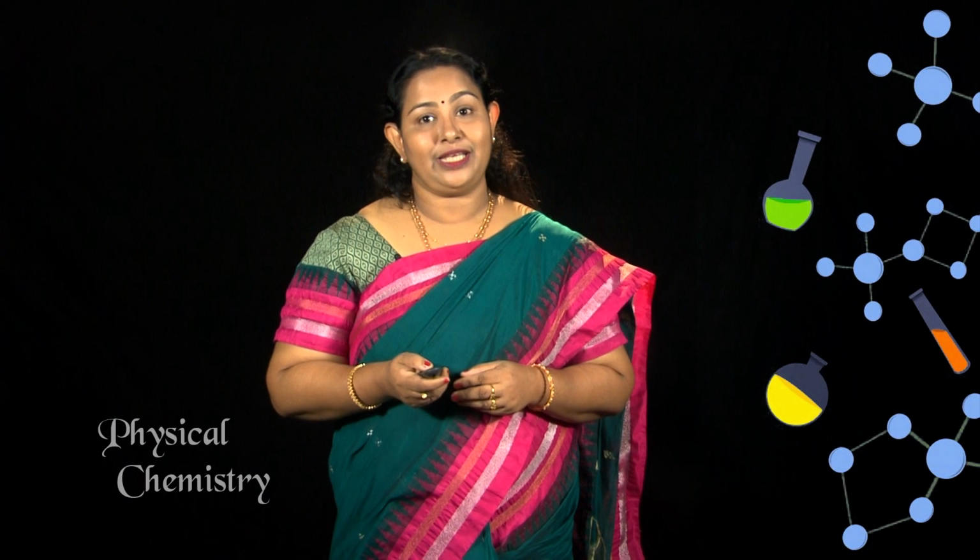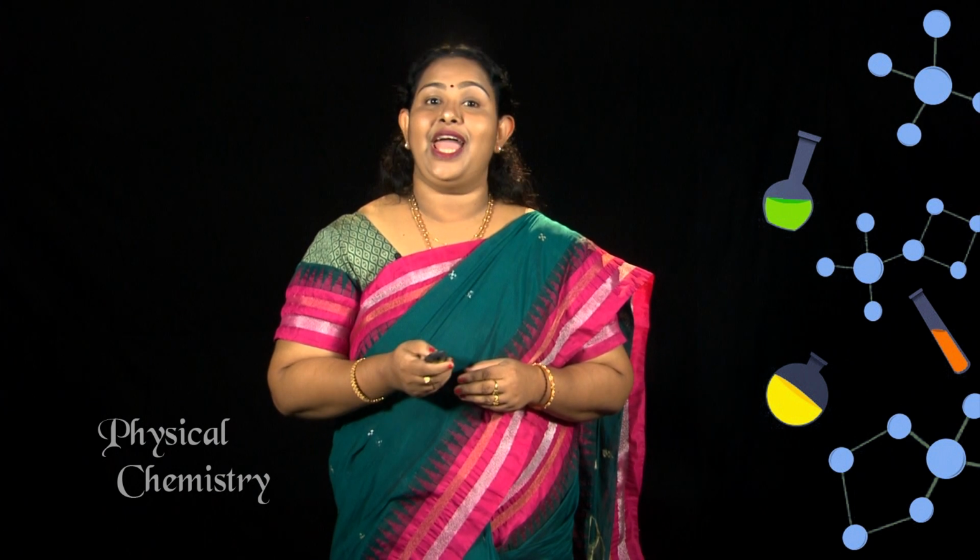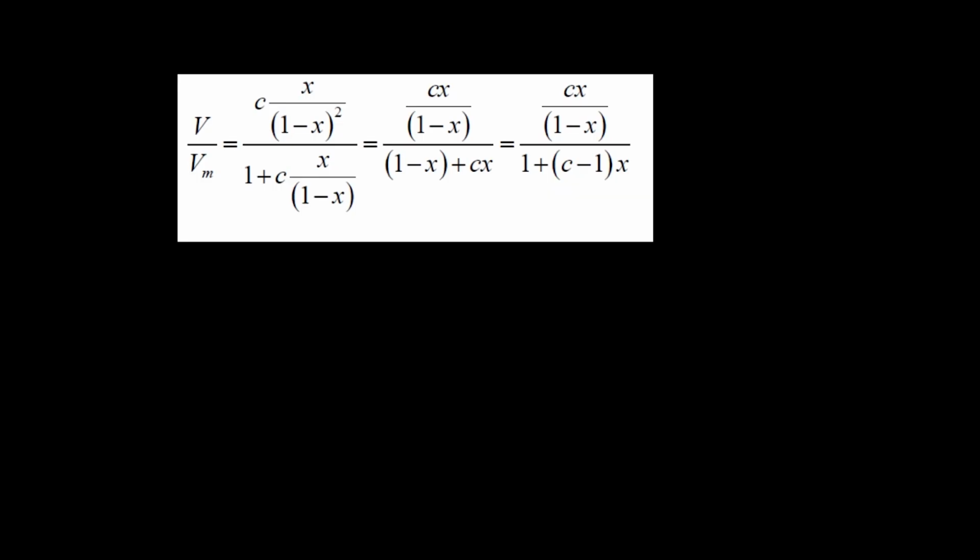So we substitute these values of summation into our equation, and the whole equation we get as V by Vm equal to C into x by (1 minus x) square, the whole divided by 1 plus C into x by 1 minus x.